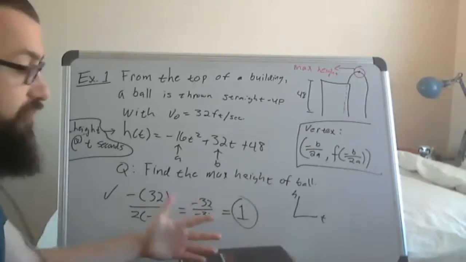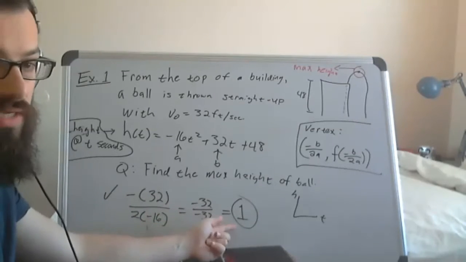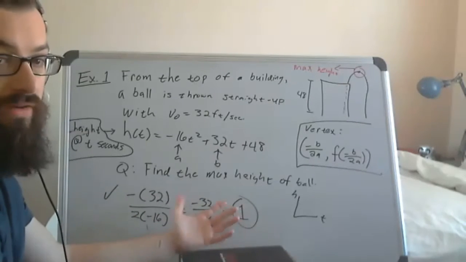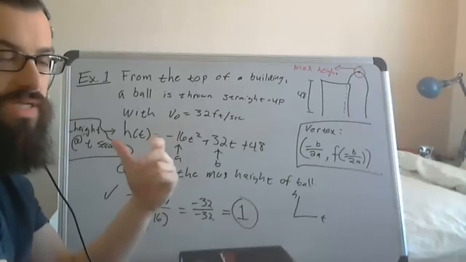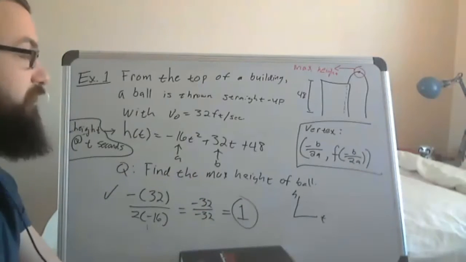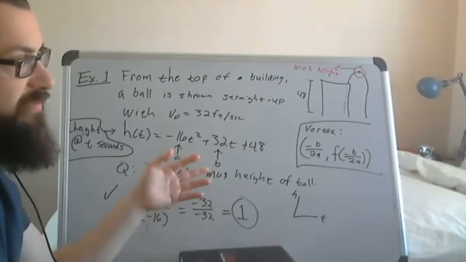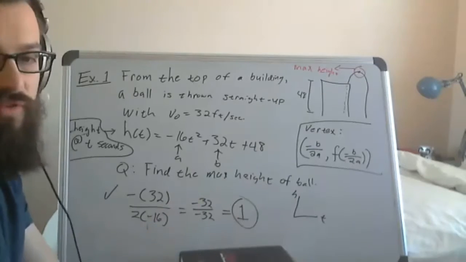So let's say you dropped that negative and you ended up with negative 1 seconds. Well, negative 1 seconds in the context of this problem just means we're going backwards in time, which typically doesn't make any sense. So in word problems, sometimes you can double check yourself to see if something is physically possible.